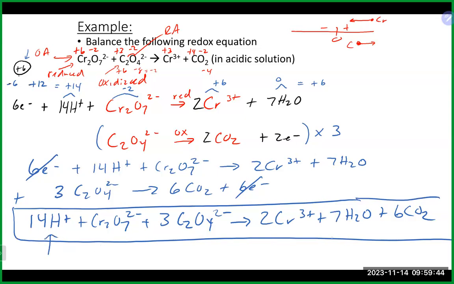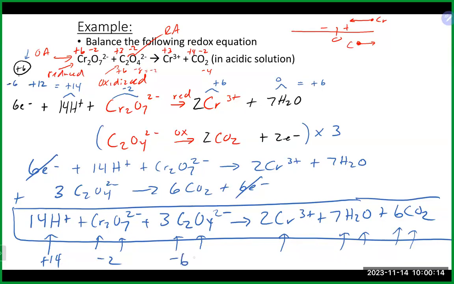We got 14 hydrogens there, 14 there, 7 oxygens there, and 12 more, that's 19. That is 12 oxygens there, plus 7 more is 19. 6 carbons on that side, and 2 Crs on each side. Overall charge, we got +14 from this guy, -2, and -6.